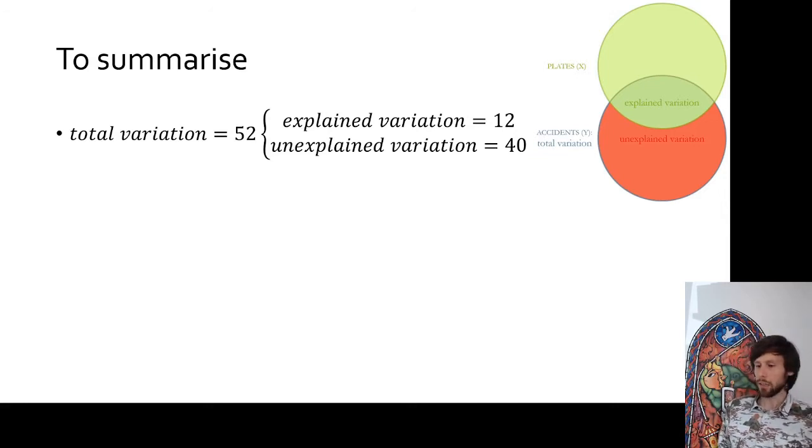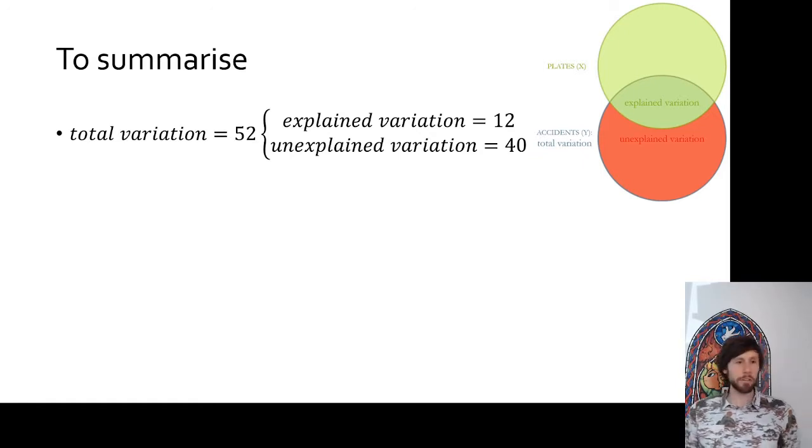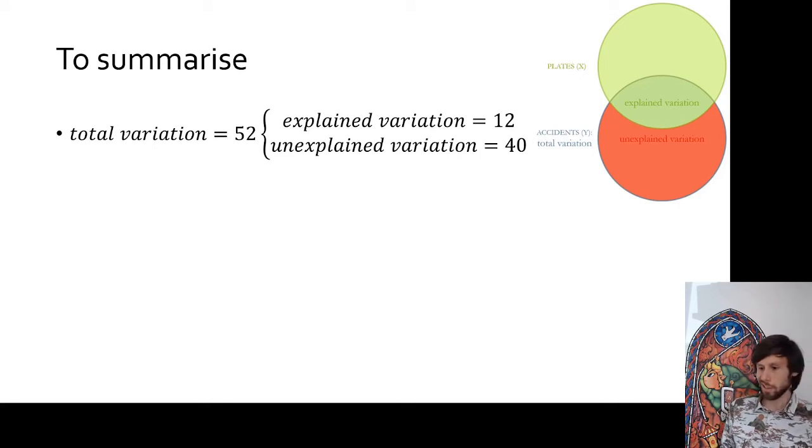So what you can then say is that part of the total variation was attributable to the independent variable. So we could say, well, part of the variation in the accidents can be explained with the plates variable, and part, actually the largest part of the variation, must have something to do with residual factors.